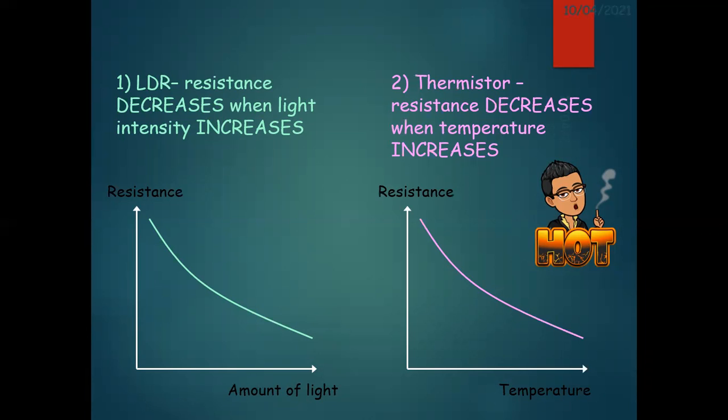Okay, so examples of thermistors: they're used in everyday appliances, such as fire alarms, because you could get asked in an exam. When it gets really, really hot, that will set off the fire alarm, because the resistance will then decrease. The resistance reduces the moment the fire alarm can feel the heat increasing, hence why it will set it off.